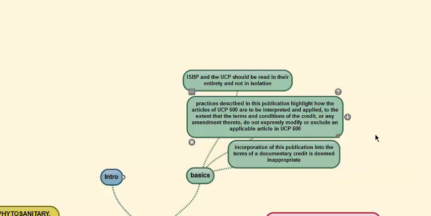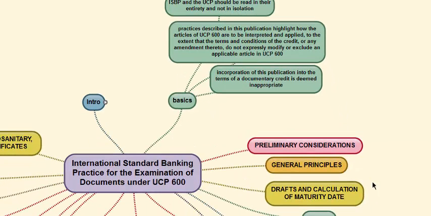To the extent the terms and conditions of the credit or the amendment thereto do not expressly modify or exclude the applicability of UCP, the practices described in ISBP help in interpreting and applying the UCP articles to the document presented. It means if the credit says a particular UCP article is not applicable, the interpretation given by ISBP to that article is not applicable. So these are the basics.